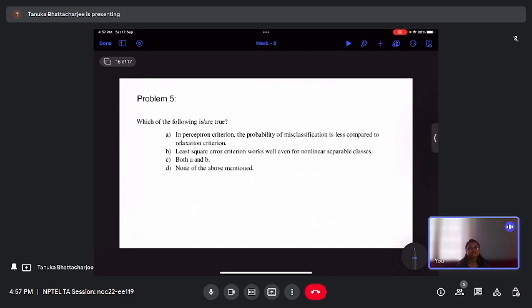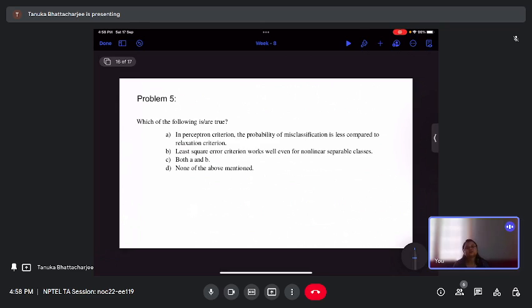But in case of relaxation criteria, you use a margin term and you further restrict your possible solution area, so as to ensure that your final solution vector is well within that possible solution area.